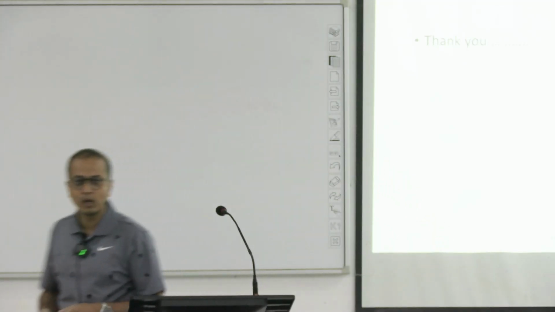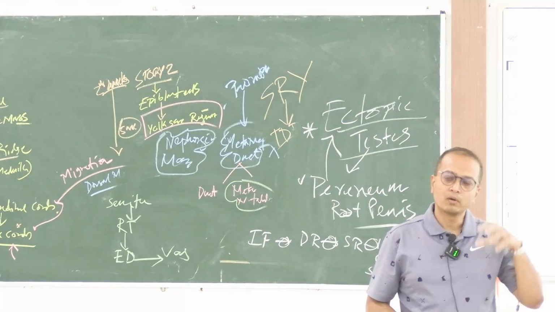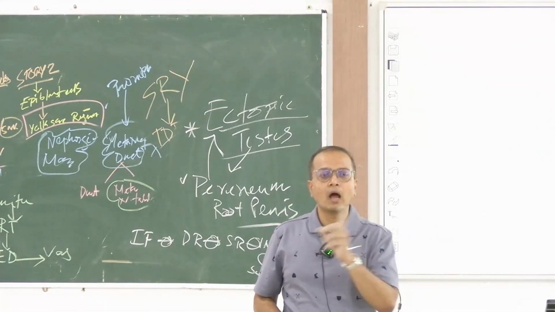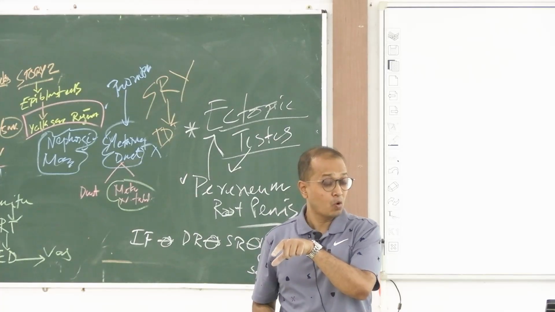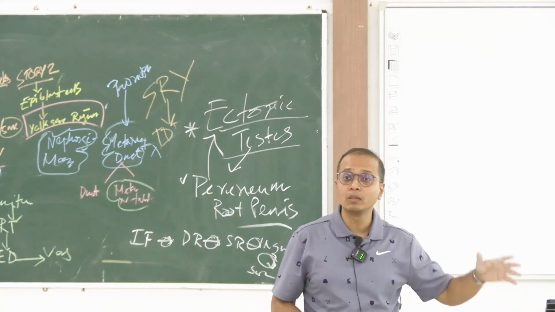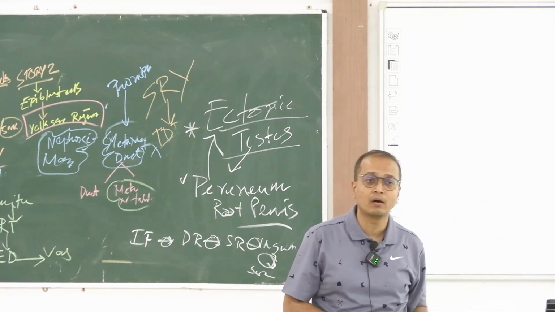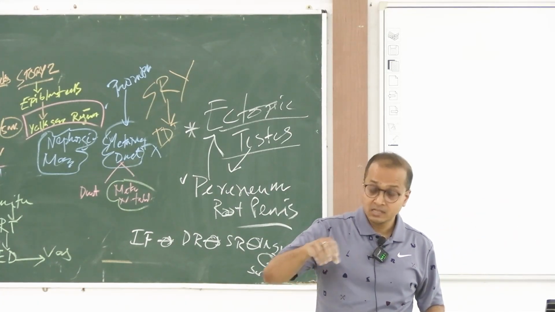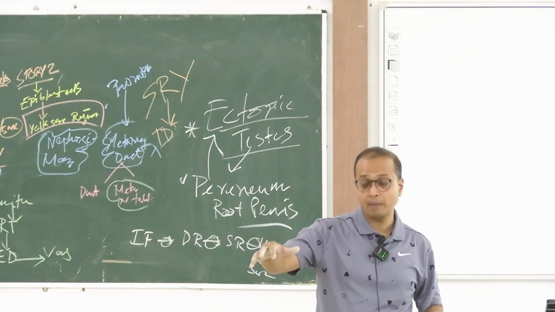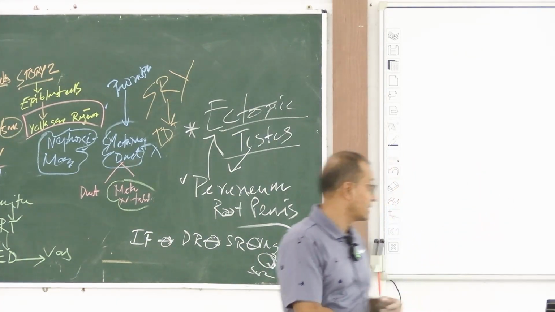Many times, 80 or 90 times, we have seen that in examinations students write the whole story but do not get the difference between undescended testis or cryptorchism and ectopic testicles. Ectopic is an abnormal thing which goes rogue. Undescended is a delay, which can happen for any reason.